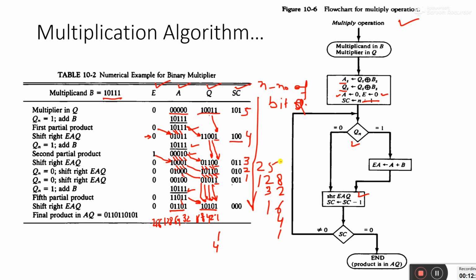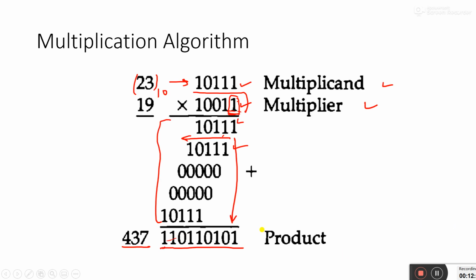Now I have to add these numbers, and they will become 10, 20, 27, then 5 plus 2 is 7, 7 and 3 is 10, 10 and 3 is 13, and 1 is 4, so 437, and my answer was also 437.